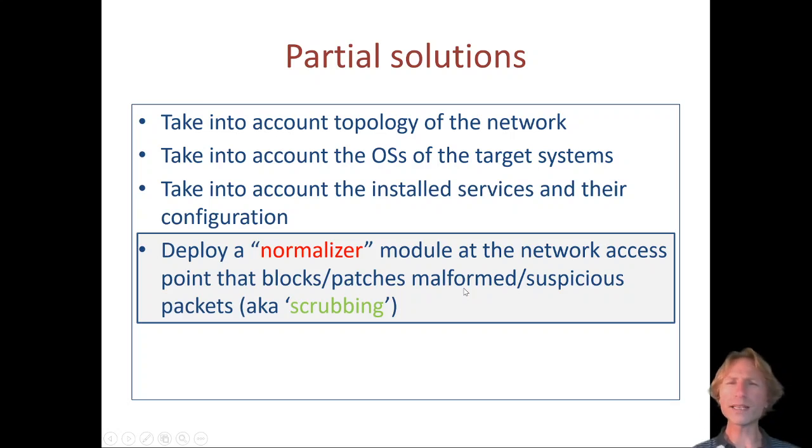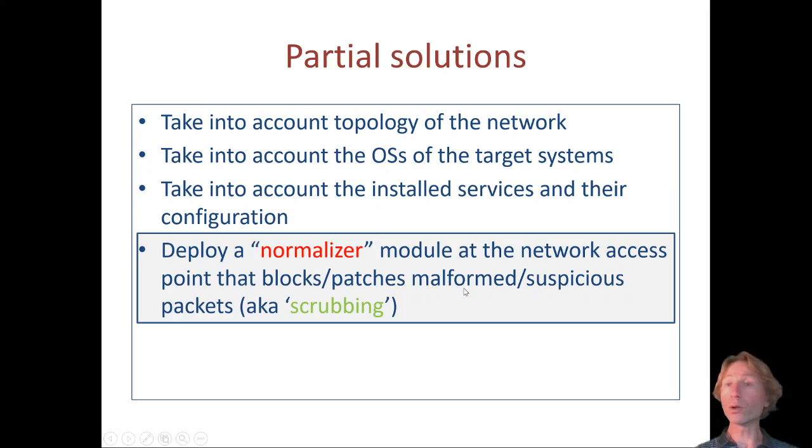Now, all of that is very difficult to scale because keeping that valid over a longer period of time, as new equipment is being added and old equipment is being removed, is very complicated. So what happens in practice quite frequently is that instead the traffic is scrubbed. A normalizer module will make all the traffic look uniform and acceptable in the exact same way, right?